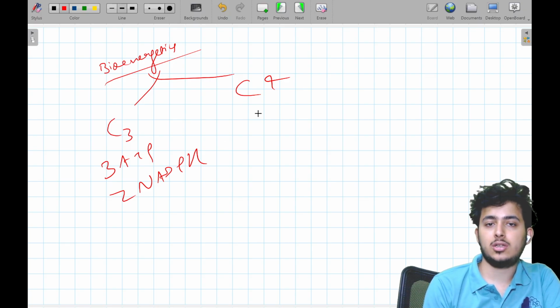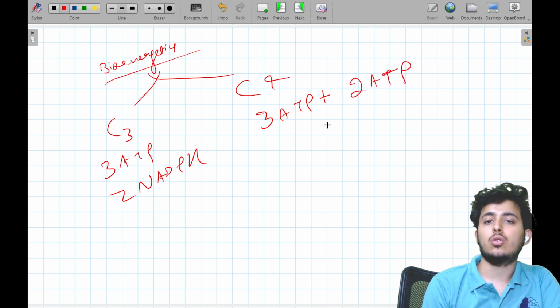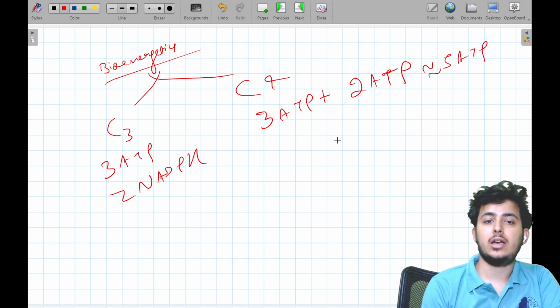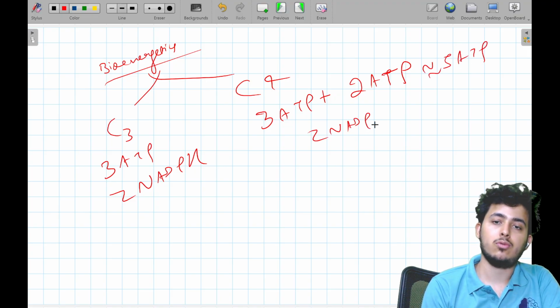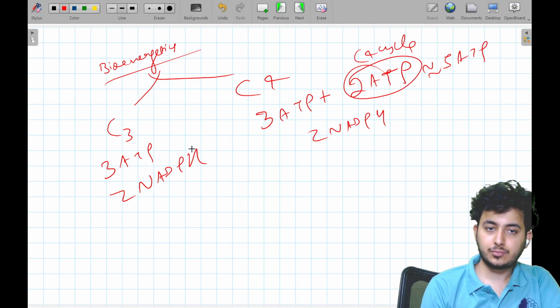C4 plants, on the other hand, require 3 ATP plus 2 ATP for the regeneration of phosphoenolpyruvate from pyruvate, so in total 5 ATP, and the NADPH is the same as for the C3 cycle.